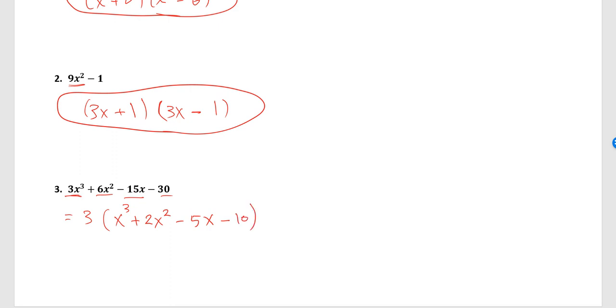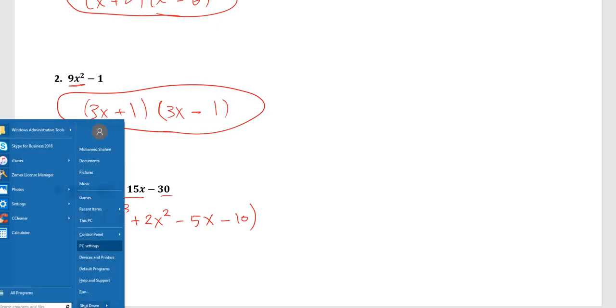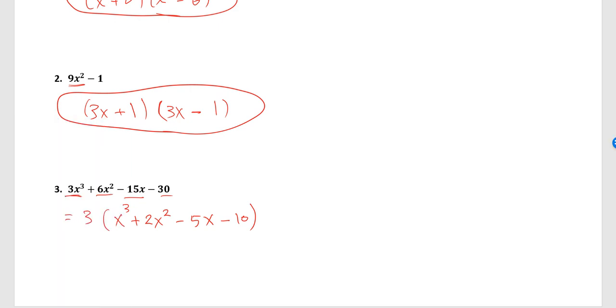And then what we can do is group some of these terms, right? And again, grouping is based on trial and error, just like many other things. Here we could use x cubed plus 2x squared, and then we'll have minus 5x plus 10, right?